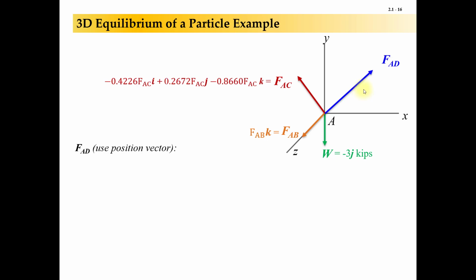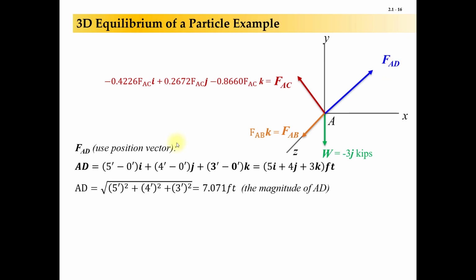So to calculate FAD, let's use the position vector concept. We know that point D was at 5 feet, 4 feet, 3 feet, and the A is at the origin, so 0, 0, 0. So I end up with 5i plus 4j plus 3k feet is the position vector to get you from A out to point D, which is no longer on this free body because I kept the part that I was keeping and I was getting rid of the part I was getting rid of.